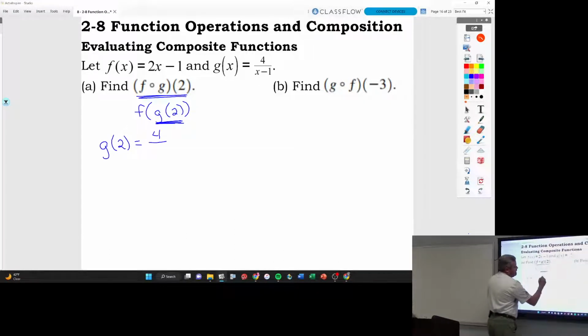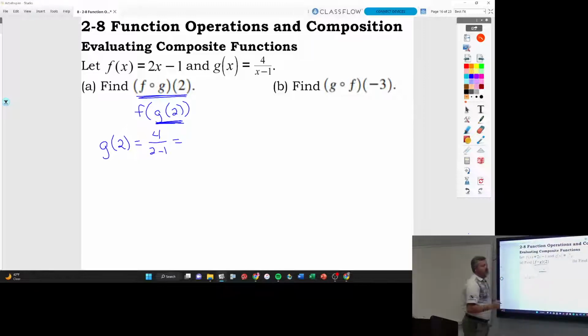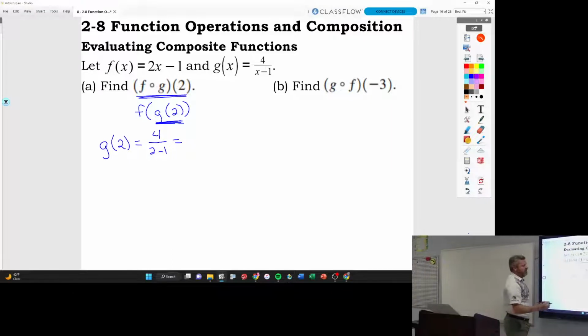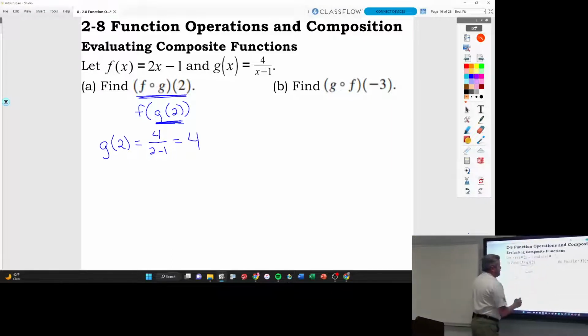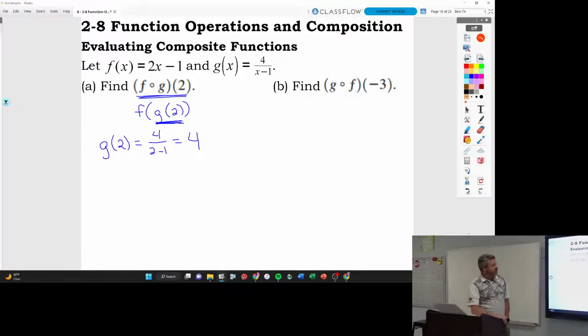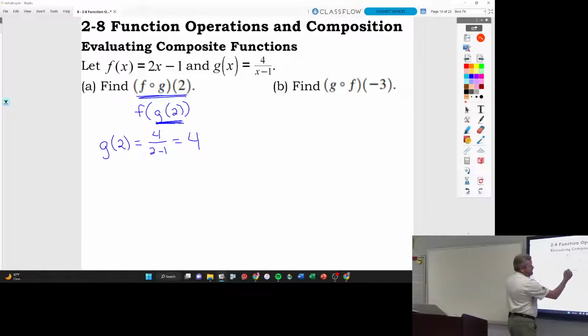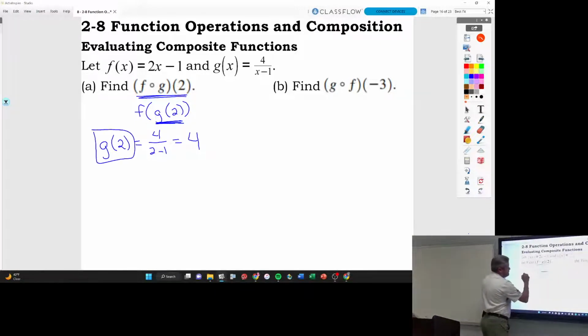4 divided by 2 minus 1. 2 minus 1 is 1. 4 divided by 1 is 4. So g of 2 is 4. Well, now that I know what g of 2 is, I'm going to take this g of 2, which is 4, and plug it in right there.